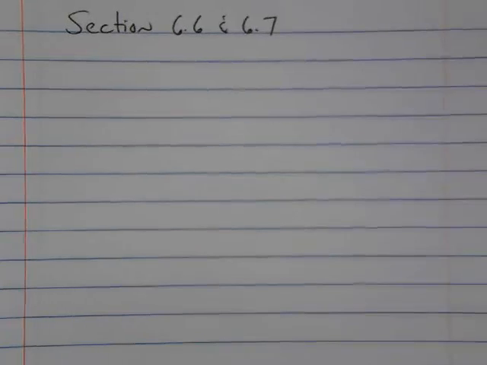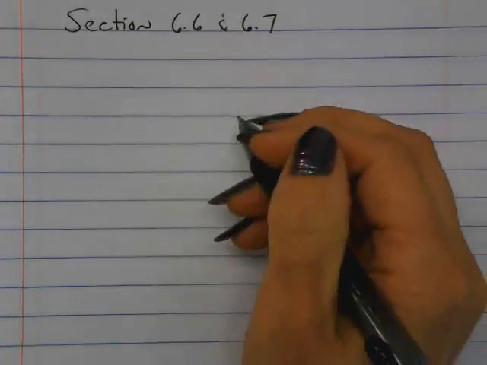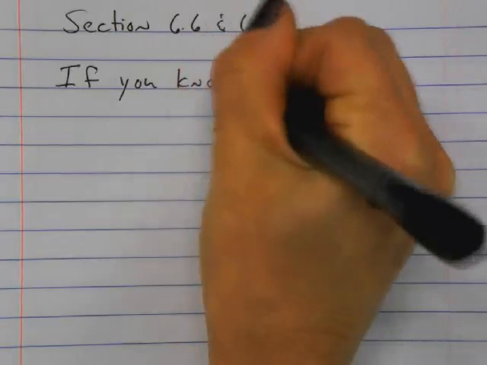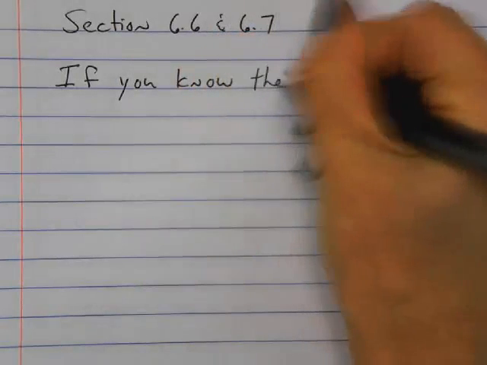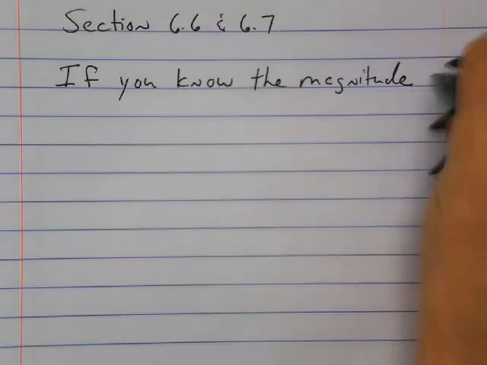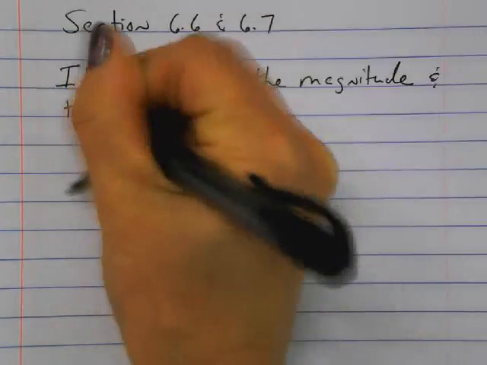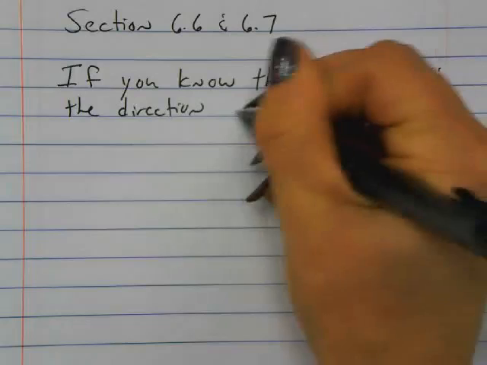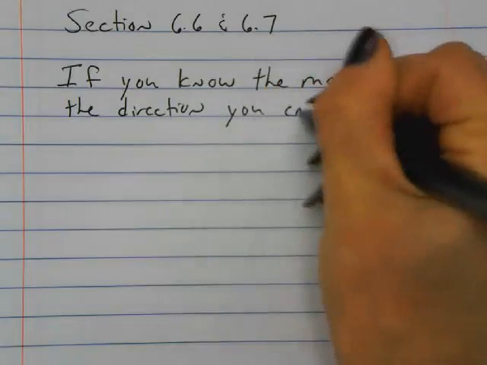Alright, so today we're going to go ahead and finish up sections 6.6 and 6.7. We had started some of this in class today, so I'm going to take you back to this: if you know the magnitude and the direction, you can find the vector.